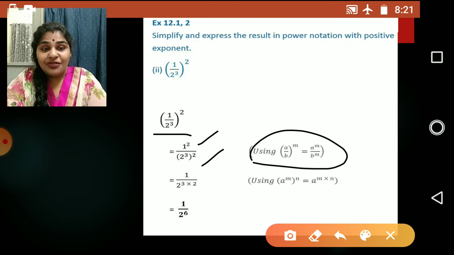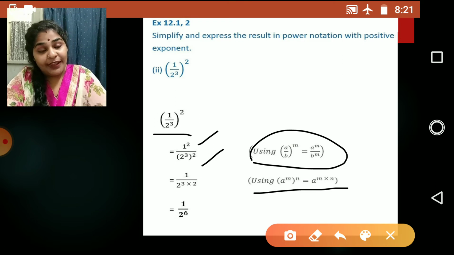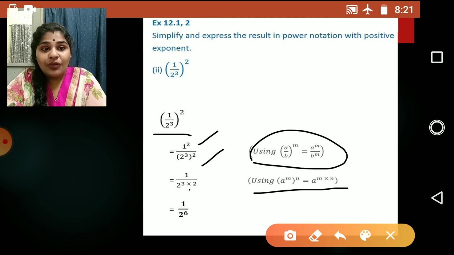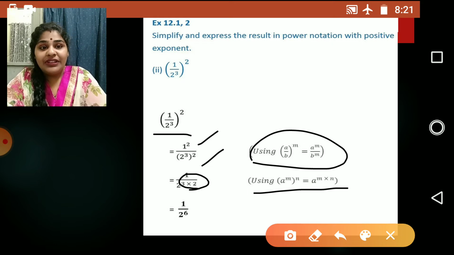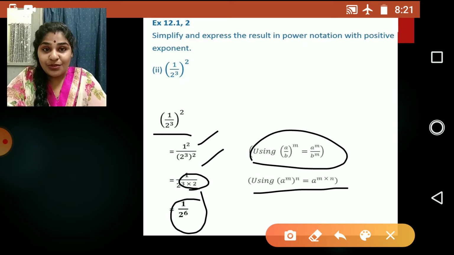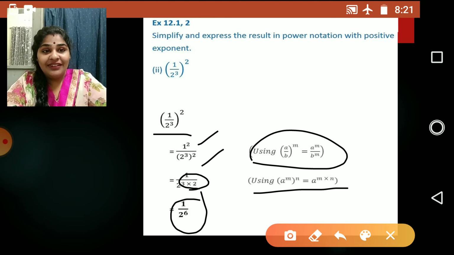Now how did 3 into 2 come? We have used the law of exponent a raised to m whole to the power n is equal to a raised to m into n, where m was 3 and n was 2, children. So 2 raised to 3 into 2. This whole 3 into 2 is in the exponent, right? So 3 twos are 6. So the answer is 1 upon 2 raised to 6. I hope this is clear, children.